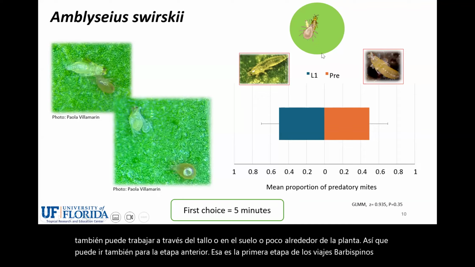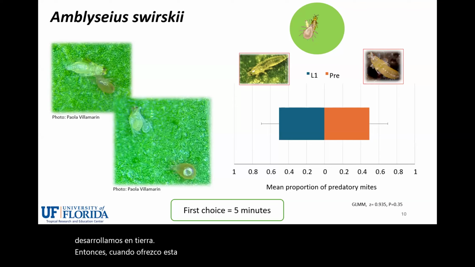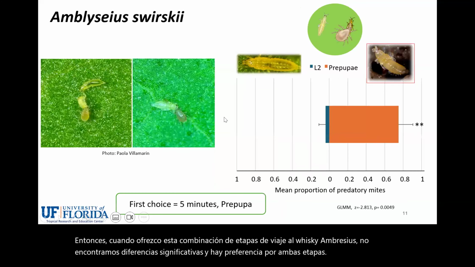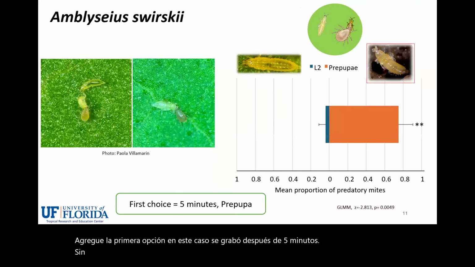So when I offered this combination of Thrips stages to Amblyseius swirskii, we didn't find significant differences, and there is preference for both stages. And the first choice in this case was recorded after 5 minutes, with no difference for first instar larvae or prepupae.